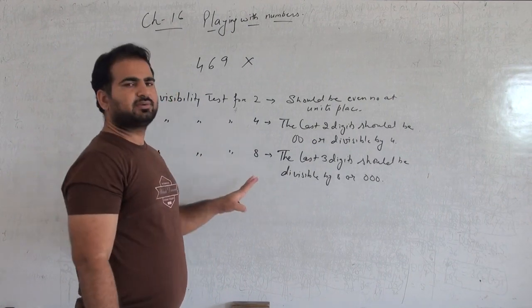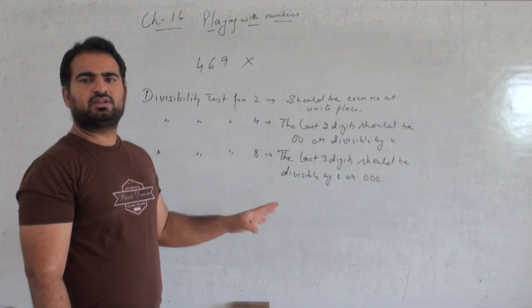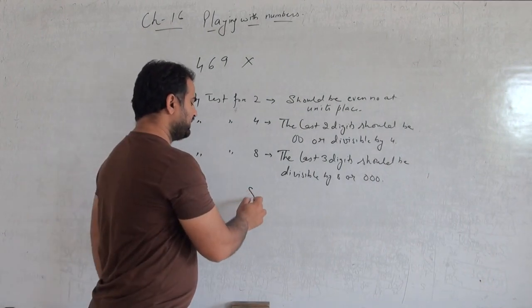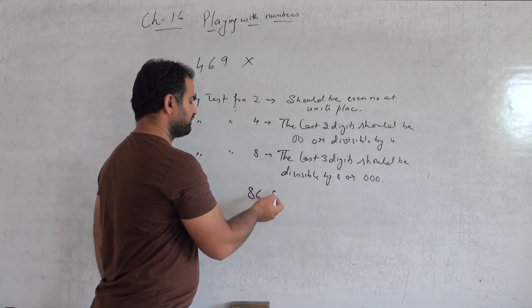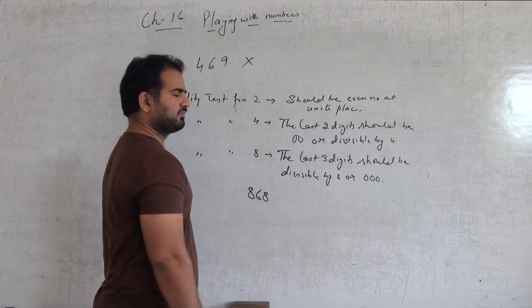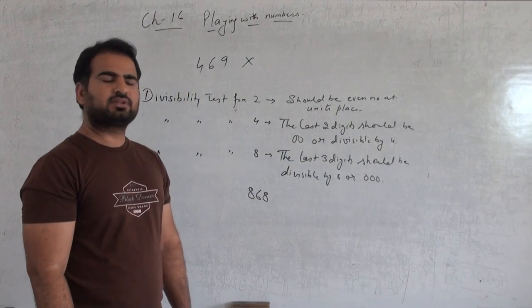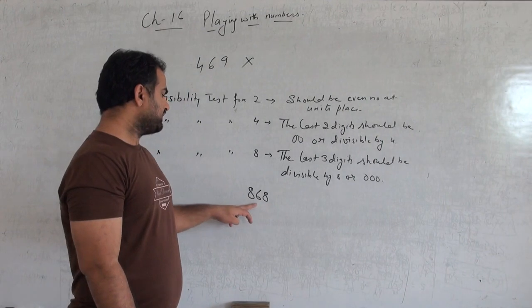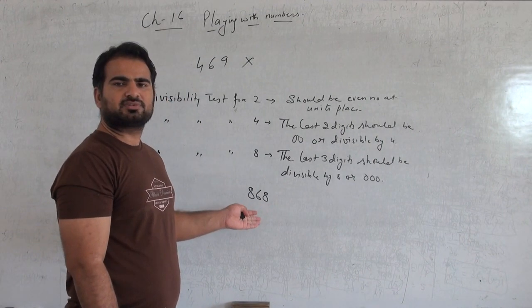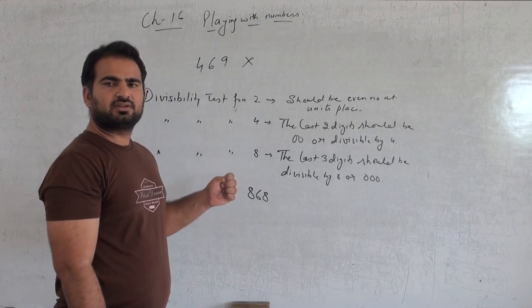This is the divisibility test of 2, 4 and 8. Like a number is given, 868. First of all, we have to check is it 000 or not. It is not 000, so we divide the last 3 digits by 8.